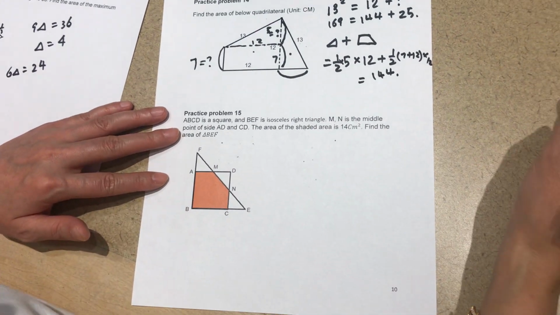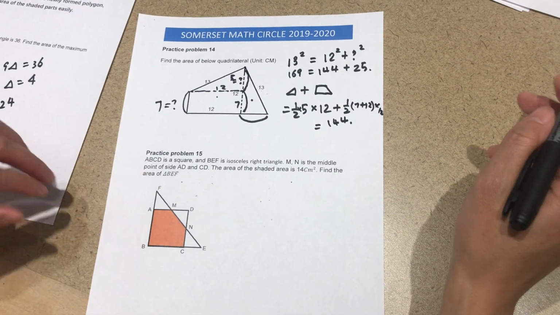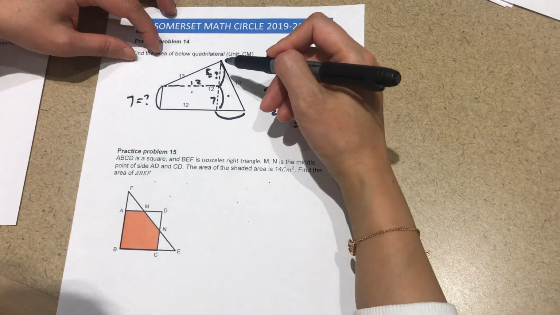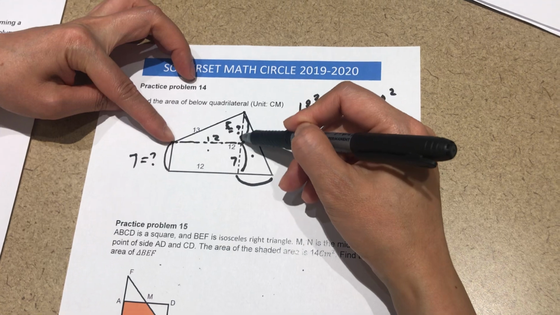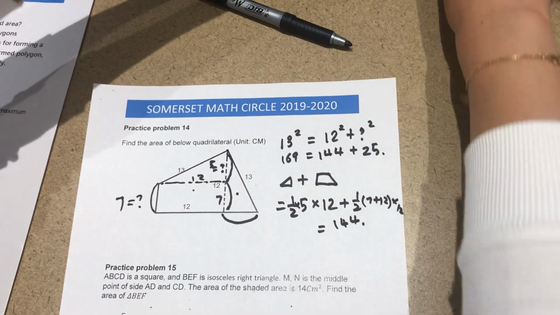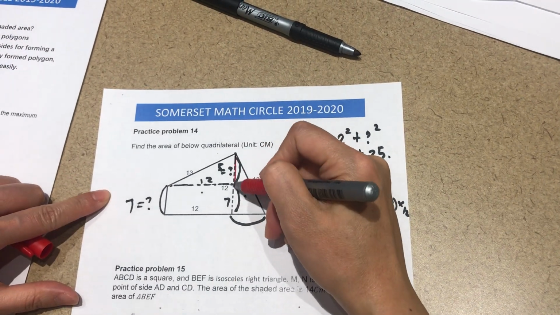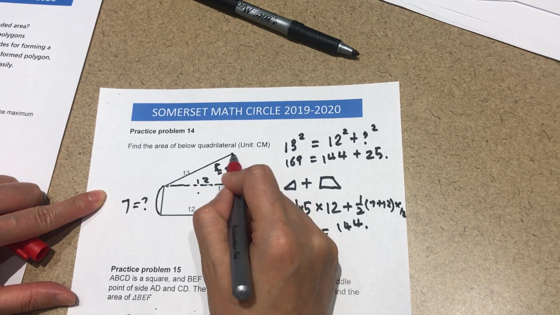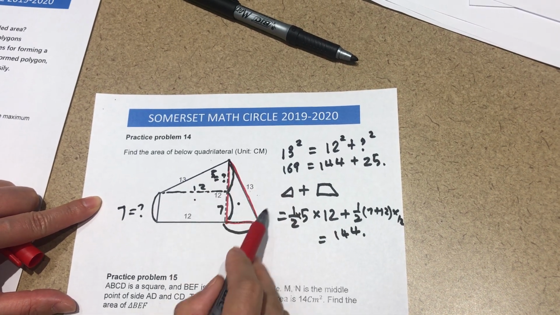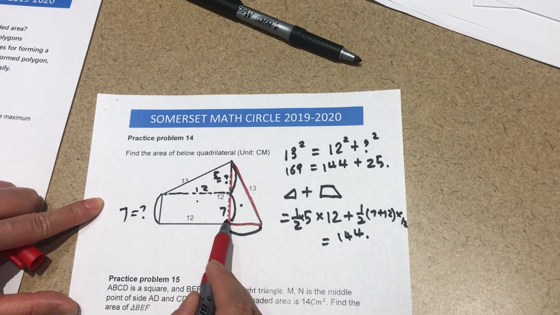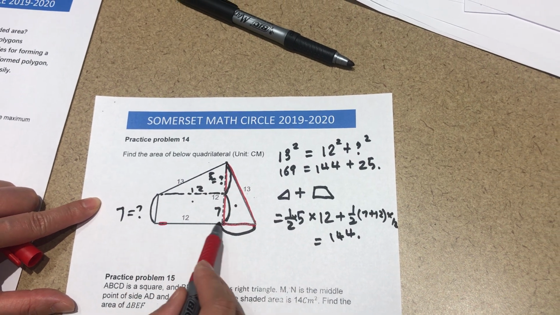There's another way to solve this problem. If you look closely, this triangle has a side of 13, and this side is 12, which is the same as this.